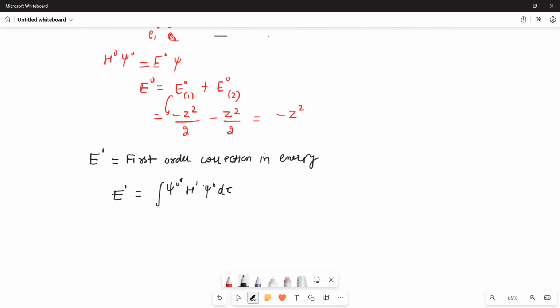This way we find the first order correction in energy when there is a perturbation.